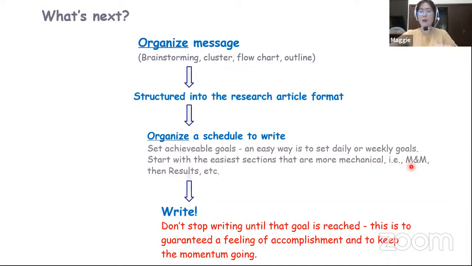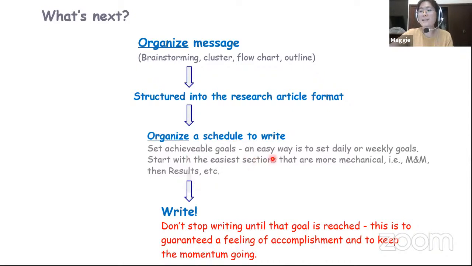You just write down what you have done and then describe the results. So write the results part and then go back to the introduction. Then the last section, I think, would be the discussion.